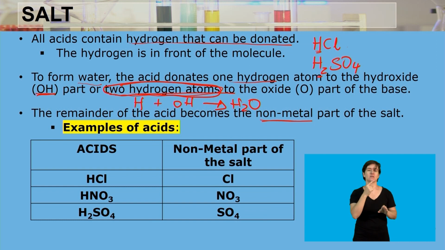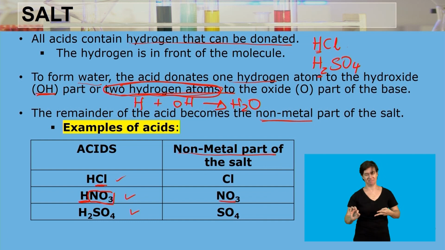In these examples we have HCl, HNO3, and H2SO4: hydrochloric acid, nitric acid, and sulfuric acid. When the H is donated from HCl, the remainder, Cl, becomes the non-metal part of the salt. When the H is donated from HNO3, the remainder, NO3, becomes the non-metal part of the salt.